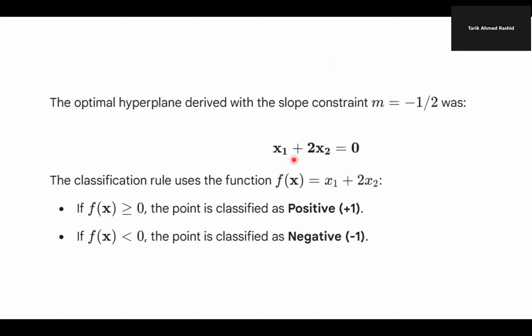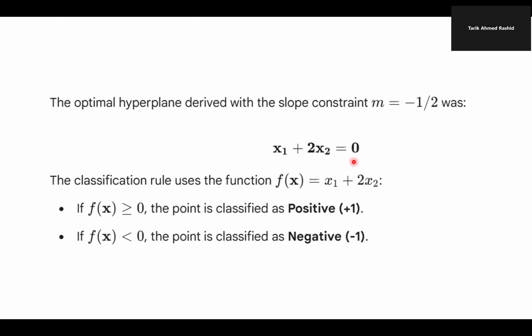If we want to do testing, and we have testing data, we just plug it into this equation and see if it is greater than 0, that would be positive. If it is smaller than 0, that would be negative.